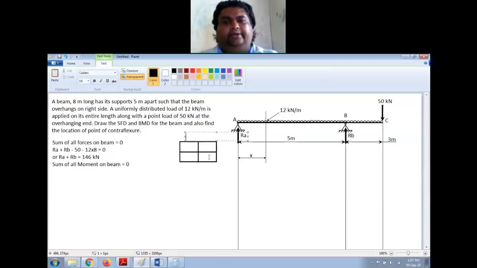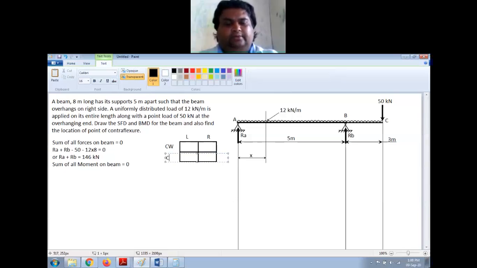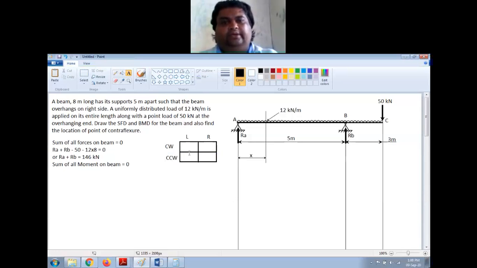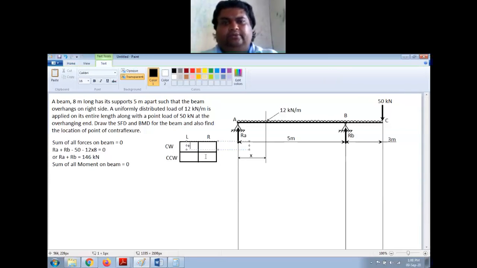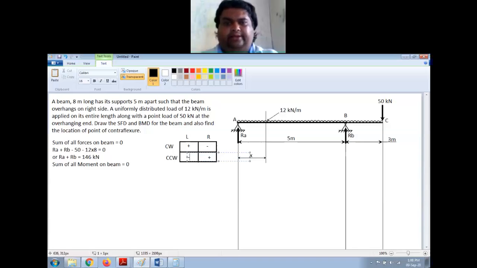Then I write here, this is left side, this is right side, this is clockwise, and this is counterclockwise, right? So always left side clockwise is taken as positive. The diagonally opposite to that is also positive. This will be negative, and this will be negative.